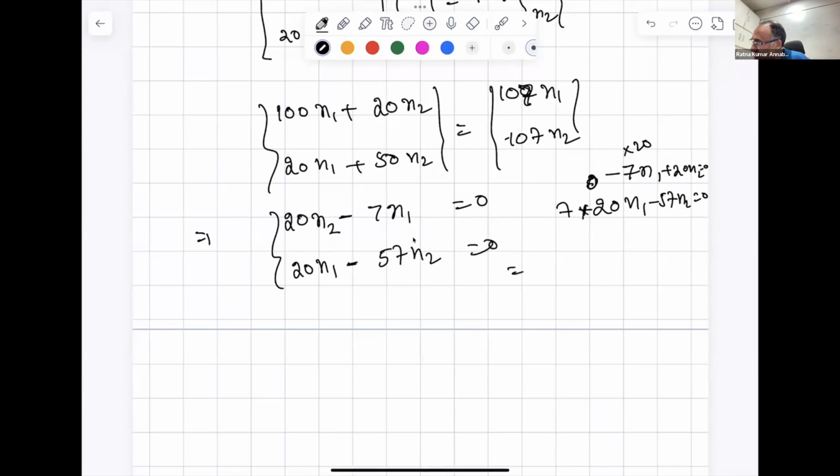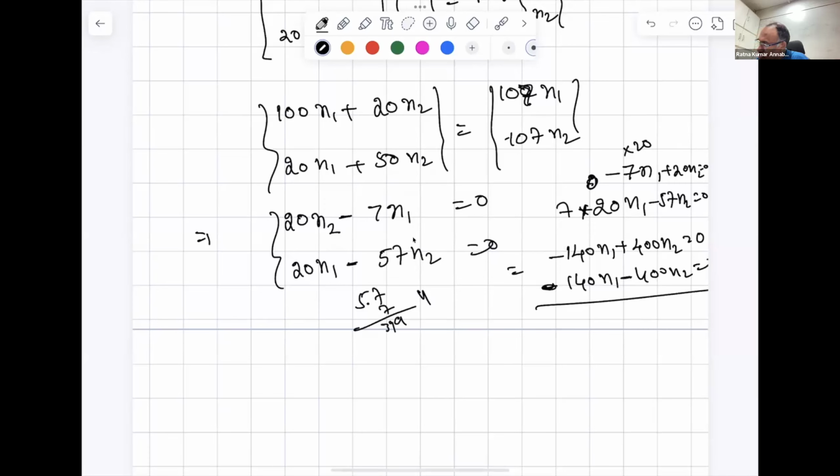That is minus 140 N1 plus 400 N2 is equal to 0, plus 140 N1 minus 57 into 7, how much? 399. That is about 400 N2. You will not be able to solve. You will get 0 only.